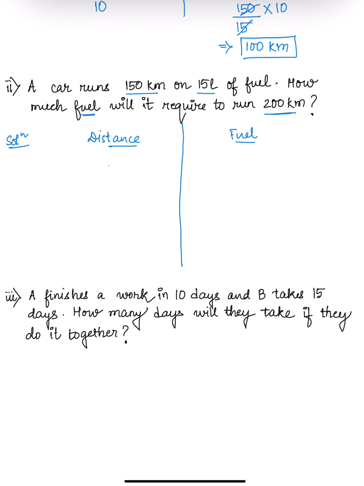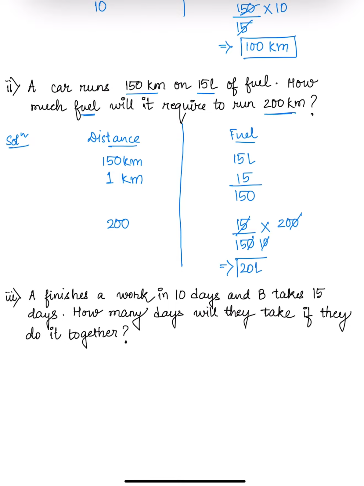So 150 kilometers on 15 liters. 1 kilometer will obviously require much less fuel, so it will be 15 by 150. And for 200 we'll require more than 1, so it will be 15 by 150 into 200. This gives us 10 and this gives us 20 liters. So the car will require 20 liters of fuel.